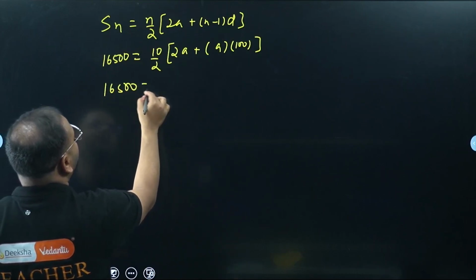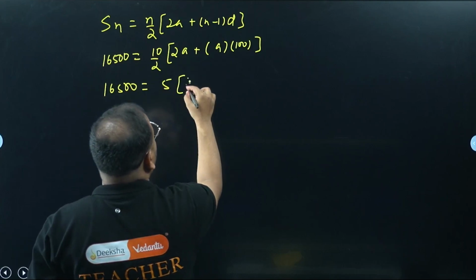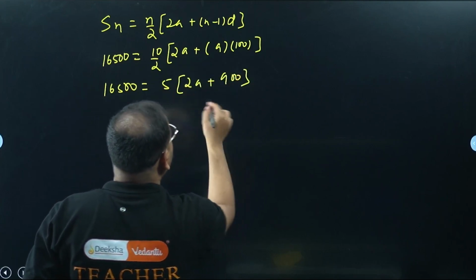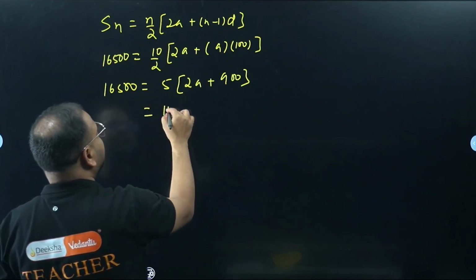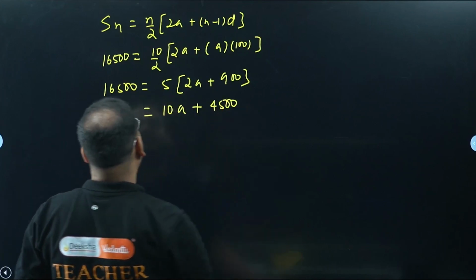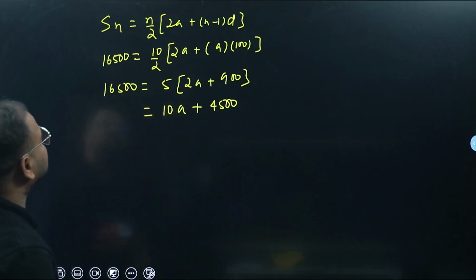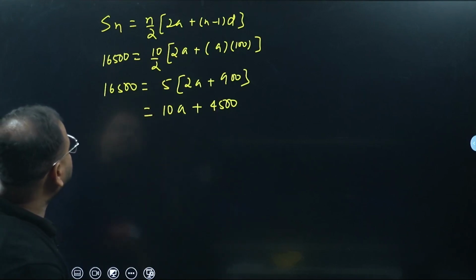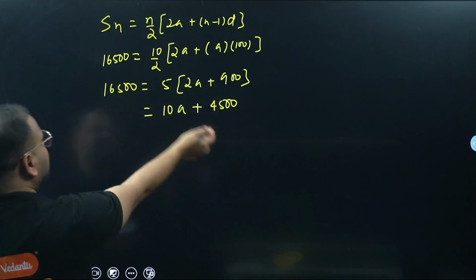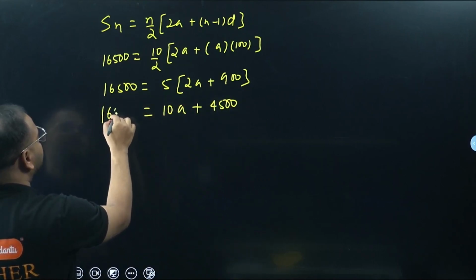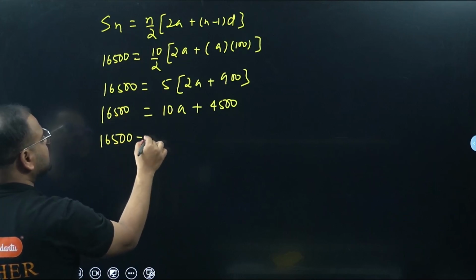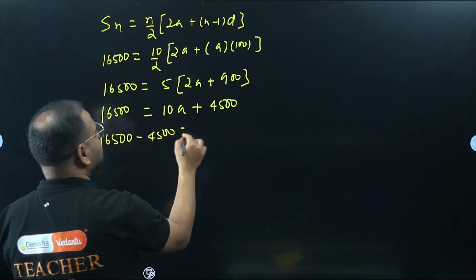16500, 5 times (2a plus 900), this will become just 900, no? Expand the bracket, this will be 10a plus 4500, right? 9 5s are 45. I hope this is okay, right? 9 5s are 45, then 100. Now bring this 4500 over here, left hand side. So 16,500 minus 4500 equals 10a.